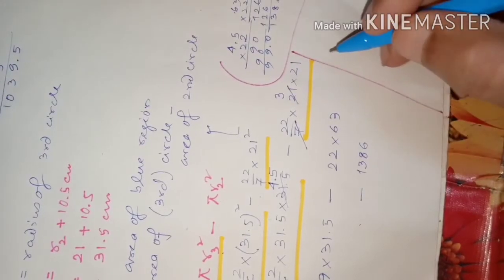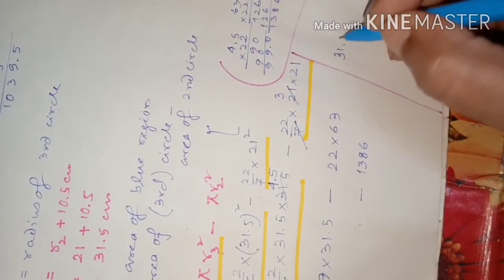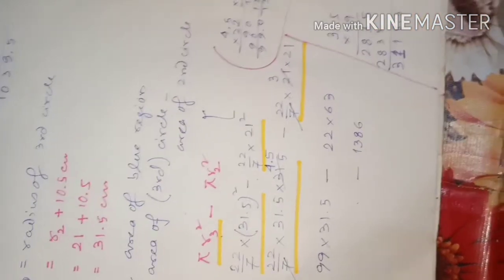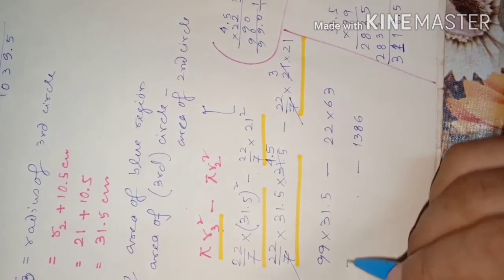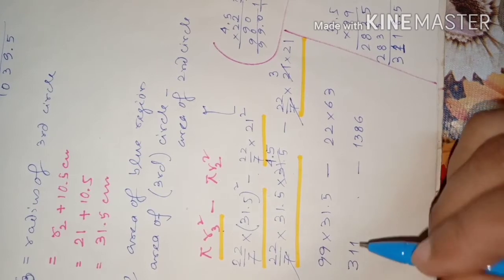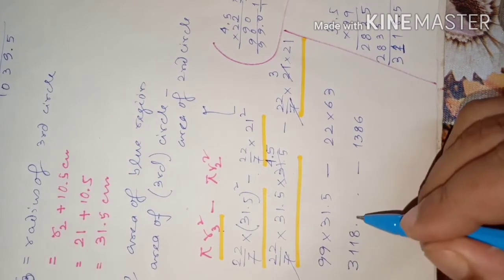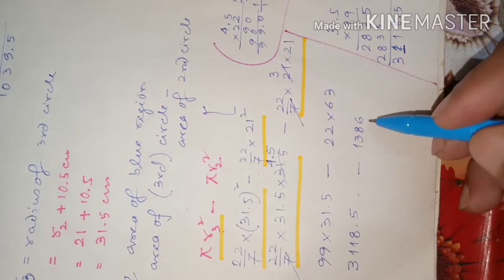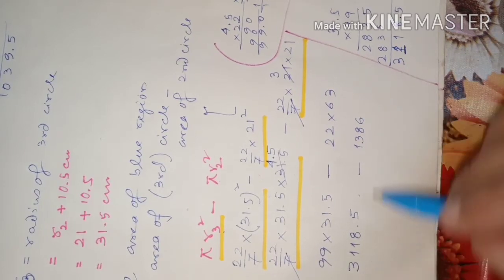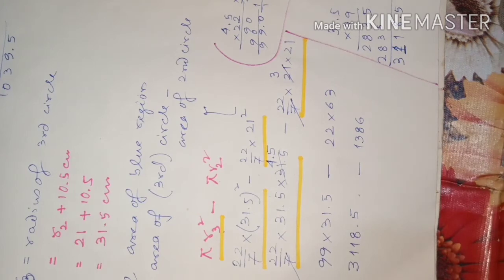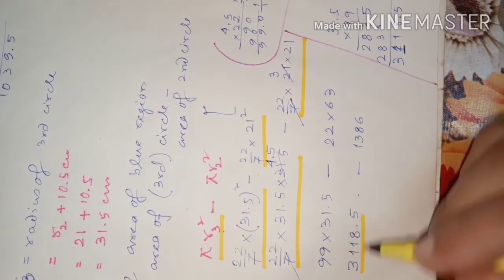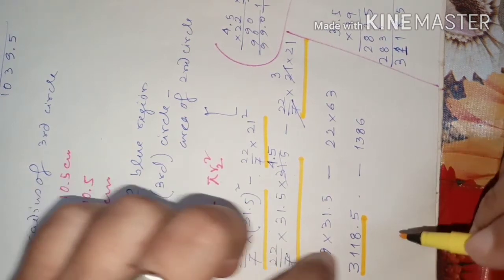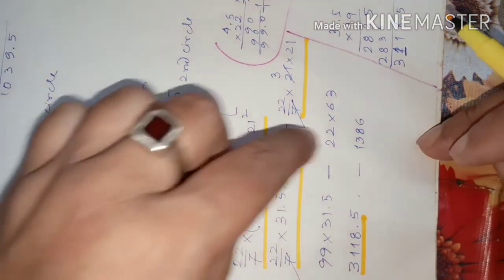If we multiply 31.5 with 99, this product is now 3118.5, and this product is 1386. Now from this number we subtract this number. Dear students, this is whose area? Area of third circle. Third circle's area is here, and this is second circle's area.